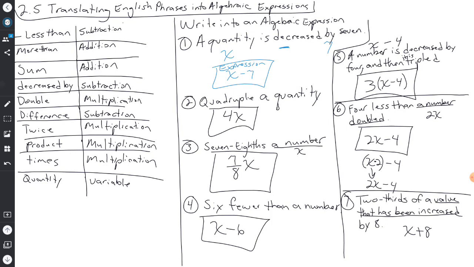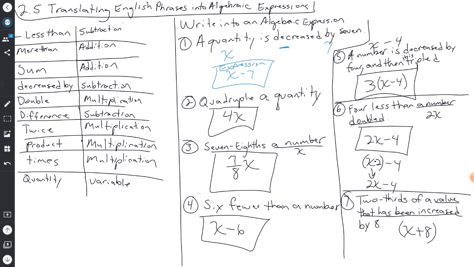But where is it going to go? It's saying 2/3 of a value, that value has been increased by 8. So x is the value, right? That value has been increased by 8. So now we need 2/3 of this.